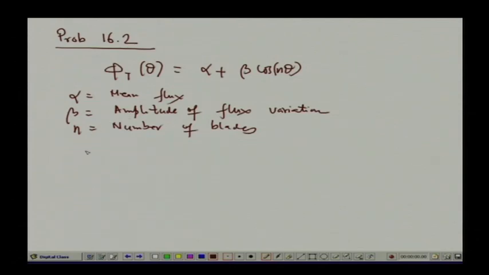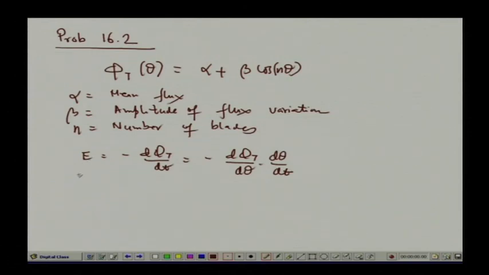So, E equal to minus d phi t by dt, which is minus d phi t by d theta into d theta by dt.